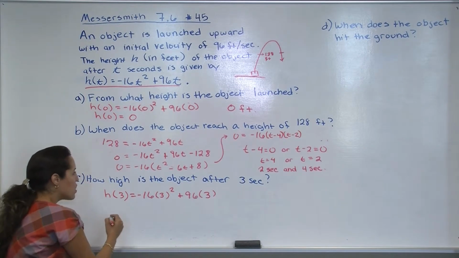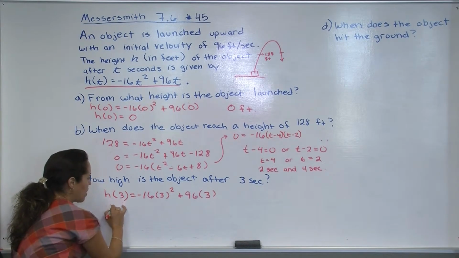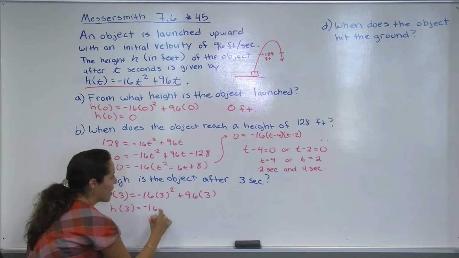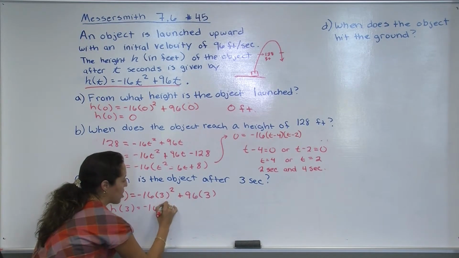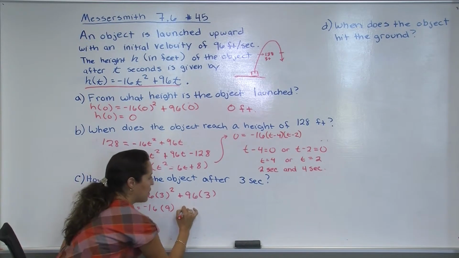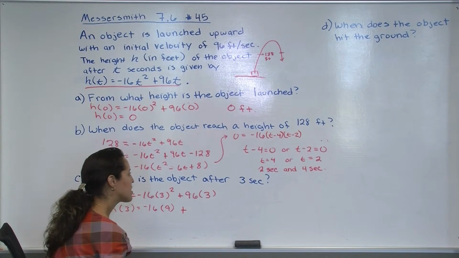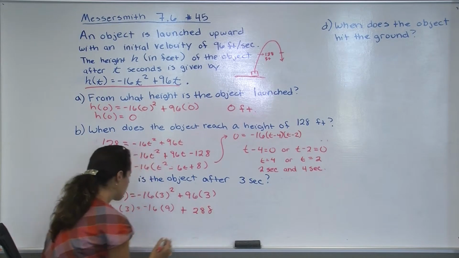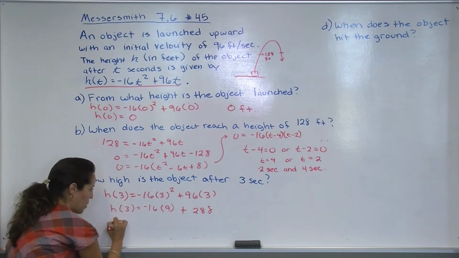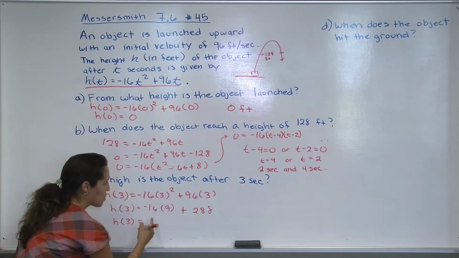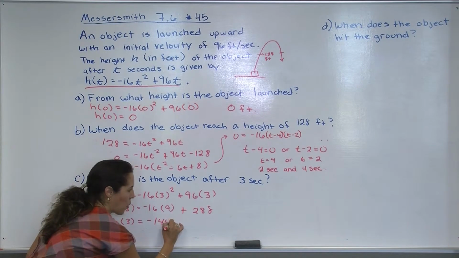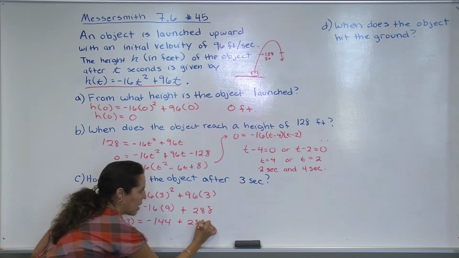Okay, so here we go. h of 3 is equal to -16 times 3 times 3, and we have to simplify this exponential expression, which is going to be 9. And then plus 96 times 3, which is going to be 288. Now h of 3 is equal to -16 times 9, which is -144, and then plus 288.